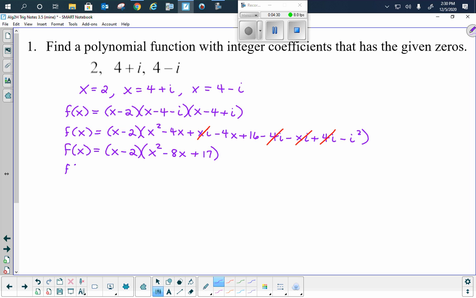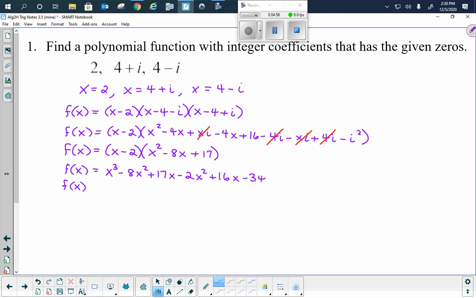And now just finishing up. Distribute the x to all 3 terms and the negative 2 to all 3 terms. So distributing the x, x cubed minus 8x squared plus 17x. Distributing the negative 2, negative 2x squared plus 16x minus 34.